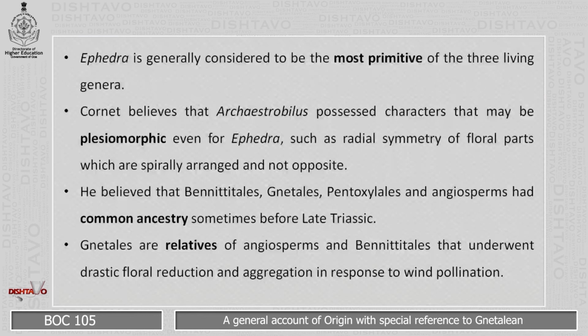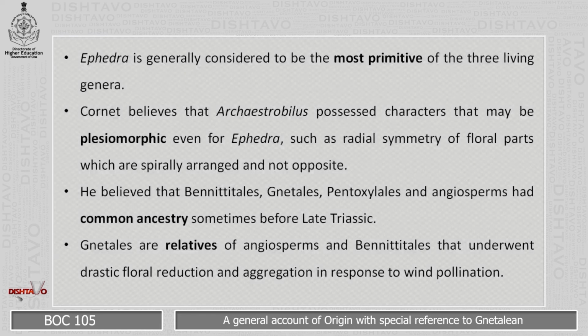Ephedra is generally considered to be the most primitive of the 3 living genera of the Gnetopsids. Cornet believes that Archaeostrobilus possessed characters that may be plesiomorphic even for Ephedra, such as radial symmetry of floral parts, which are spirally arranged and not opposite.